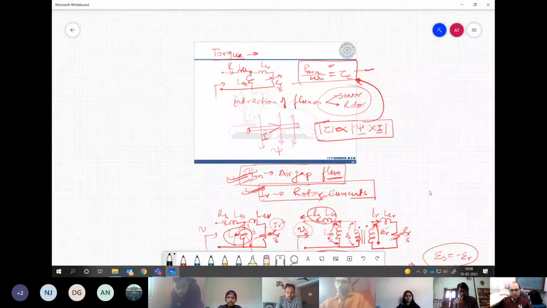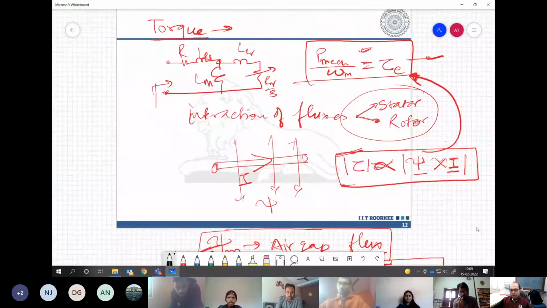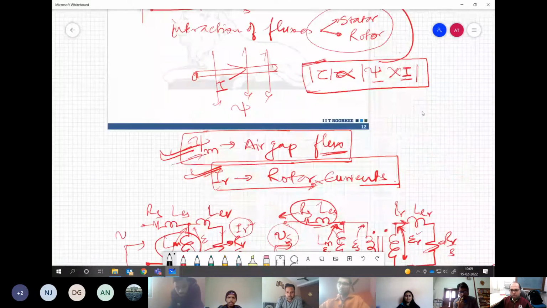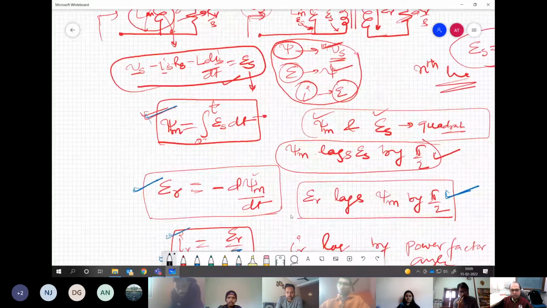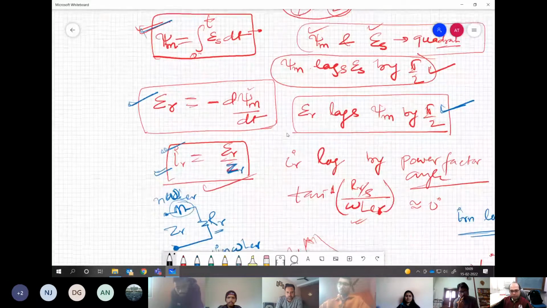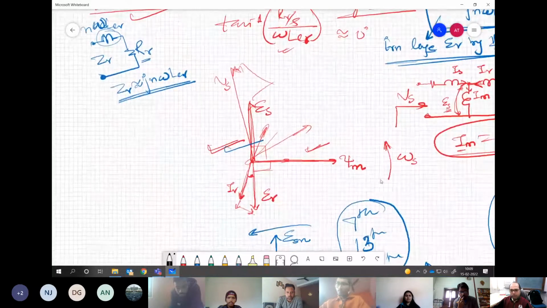And then there could be another parameter such as torque, which is more relevant for a motor. So instead of going for current harmonic or voltage harmonic, we can focus on torque harmonic. We have understood how torque is generated in any machine, and particularly in the context of an induction motor, how the harmonic torque comes up.